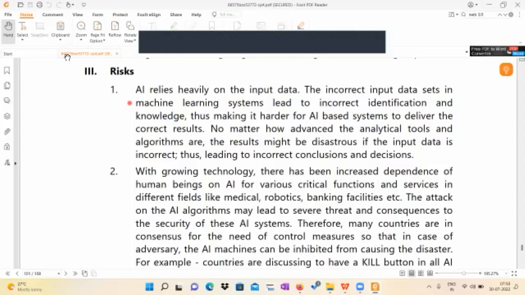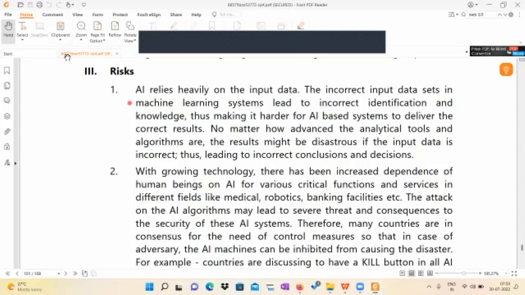Because if I were in Hyderabad and I said restaurants, then it has to show the restaurants surrounding Hyderabad, but not surrounding Delhi or Bangalore or Kolkata. So that is why the risk of artificial intelligence is based upon the input data given by the user when making the software.